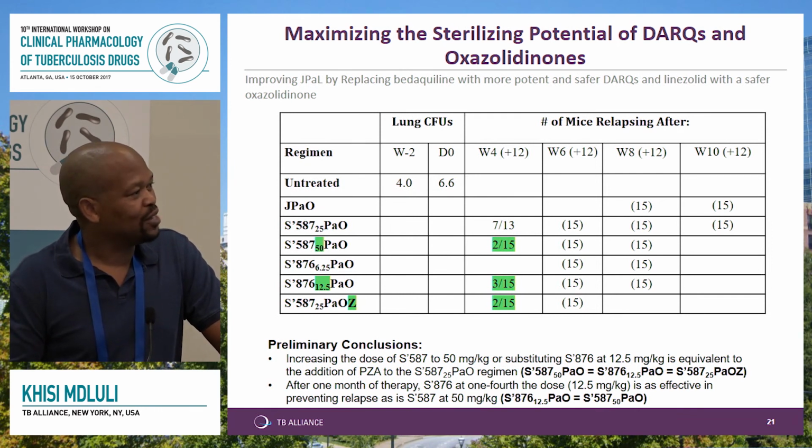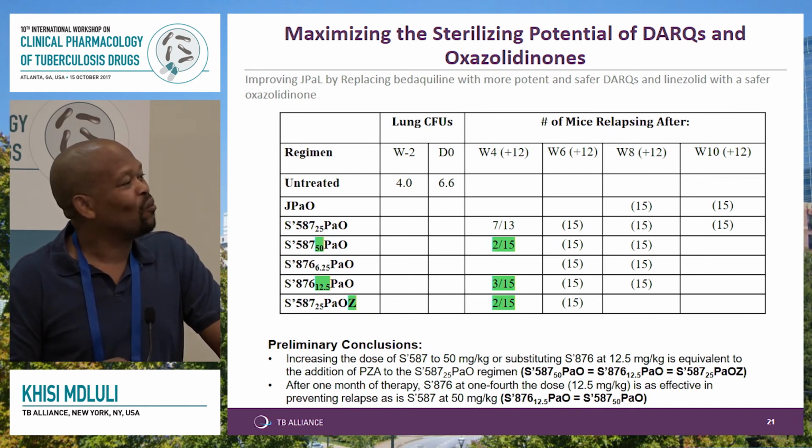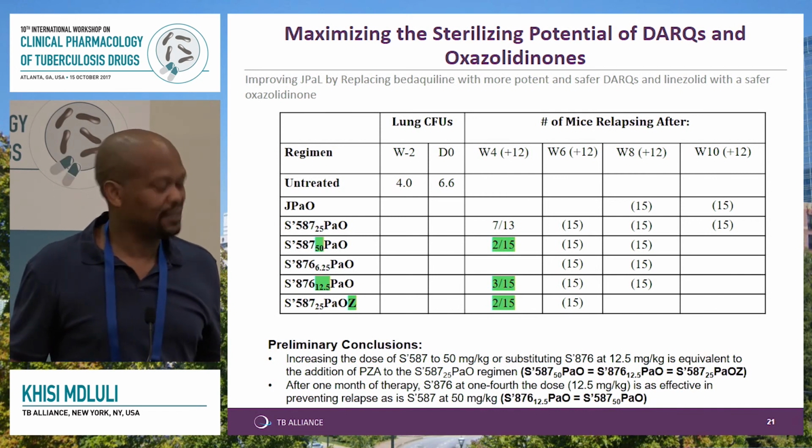So we were not surprised, for example, to see that if you take this regimen right here, the 25 PAO, and you add to it pyrazinamide, you do just as well as if you had doubled the dose of the 587. That's what happens. Well, the good thing about that is now you don't even have to add pyrazinamide, which has its issues and toxicities. You can just stay with the same compound except double the dose, and you get that sort of effect.